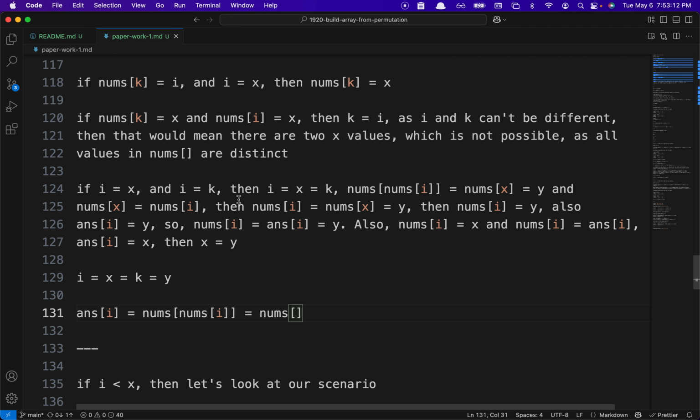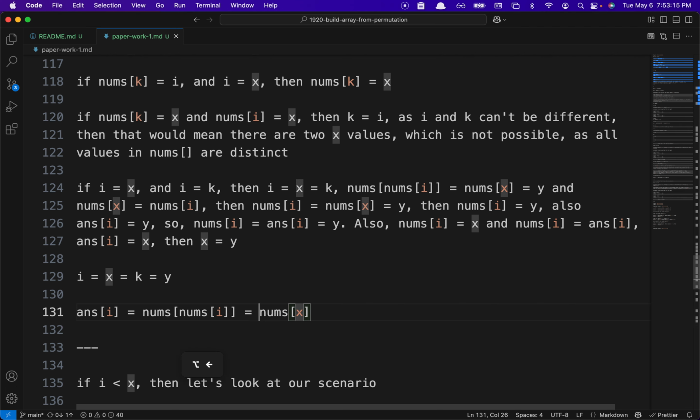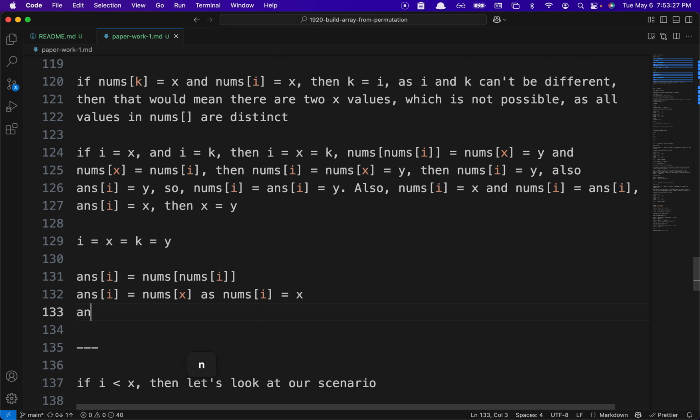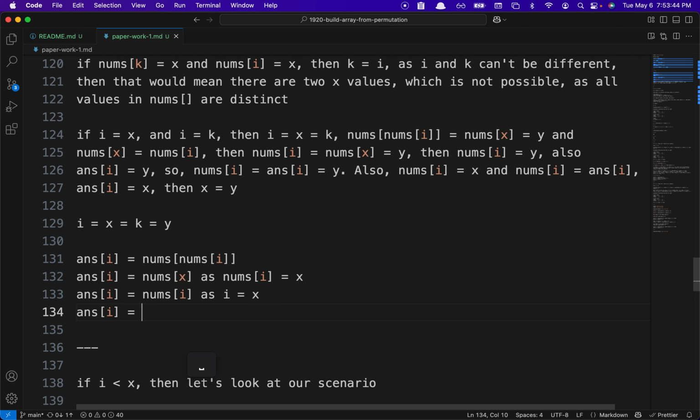So answer of I equals X, as nums of I equals X, and then since answer of I is equal to nums of I again, as I is equal to X, answer of I equal to X as nums of I equals X.